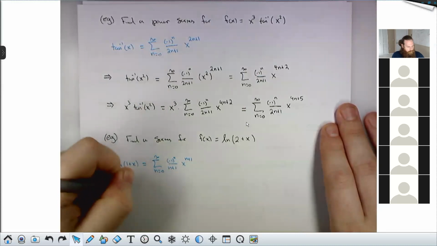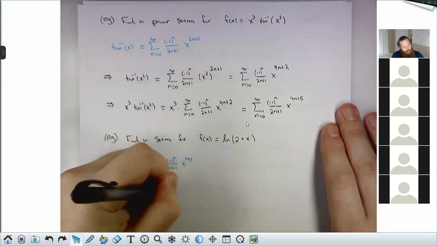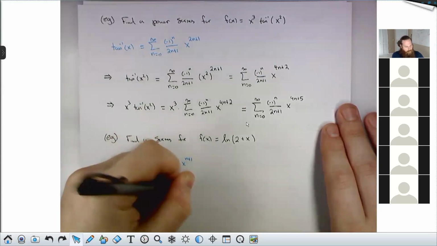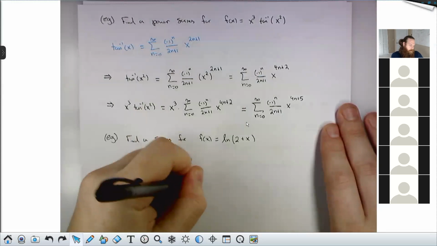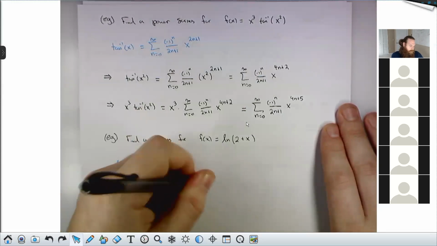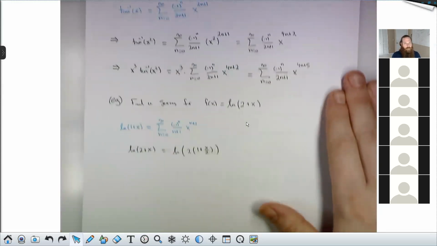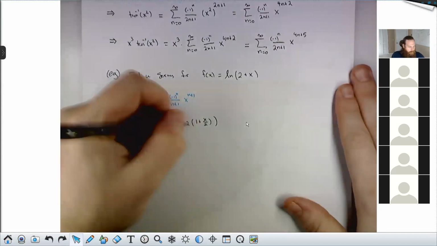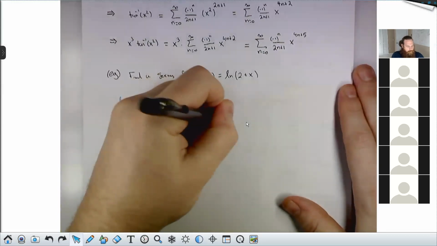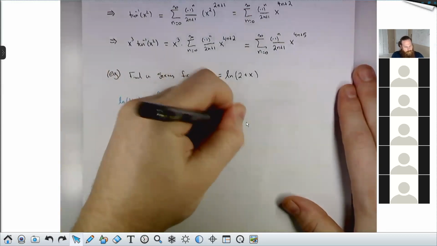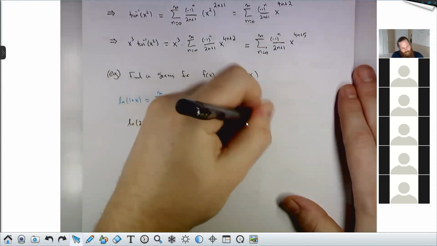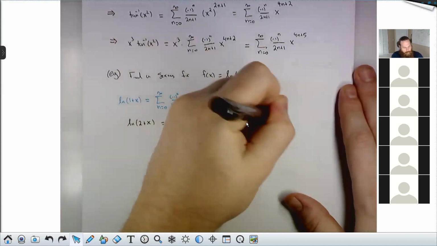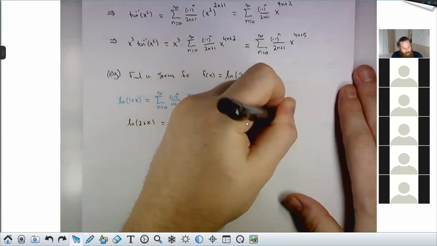And then I say, okay, well, the ln of 2 plus x is the ln of 2 times 1 plus x over 2, kind of similar to the factoring we did with our geometric series trick. Then I can use properties of the logarithm to say, okay, well, this is ln 2 plus ln of 1 plus x over 2.